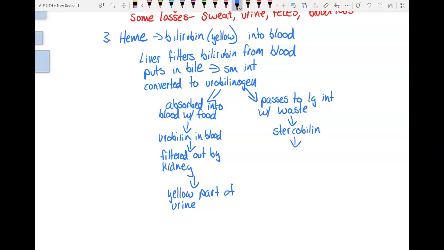It then stays in the large intestine with all the waste as it is incorporated into the feces. And stercobilin is brown. So this is the brown part of feces.